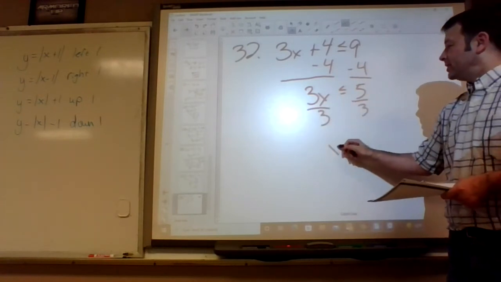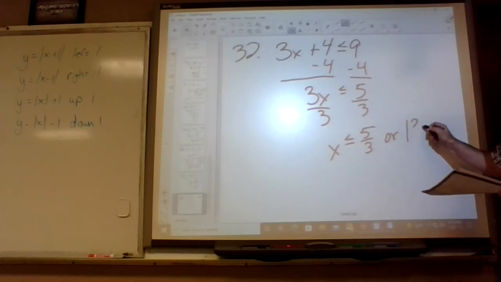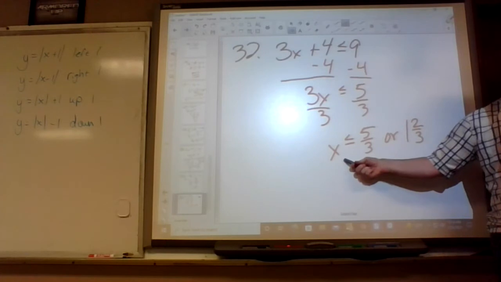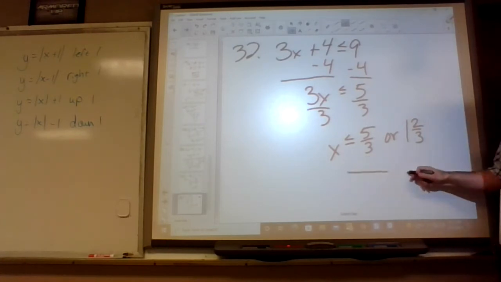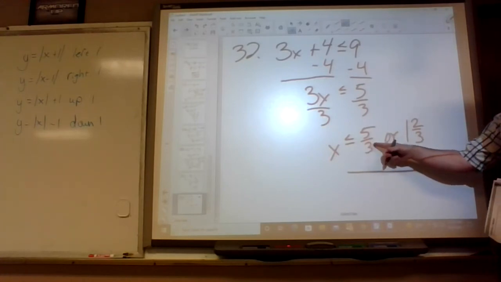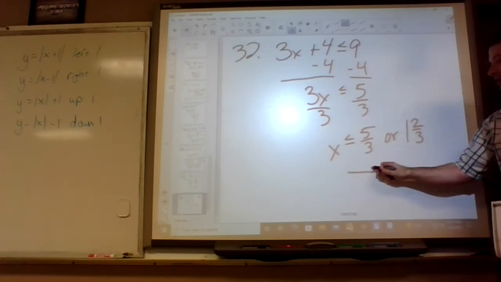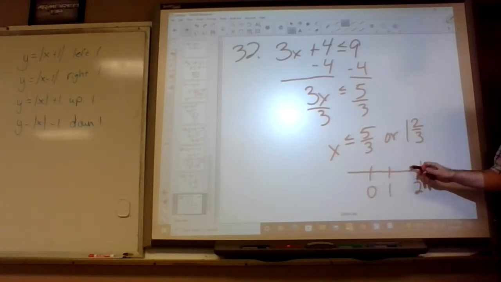Okay, divide by 3. What's 5 divided by 3? Well, it's 5/3. Or if you change that to a mixed number, it's 1 2/3. How did we graph this? It's a number line. Where is 5/3 at? That's why I changed it to a mixed number: 5 divided by 3 is 1 with remainder 2, so 1 and 2/3. So 2/3 of the way to 2 basically, right about here.